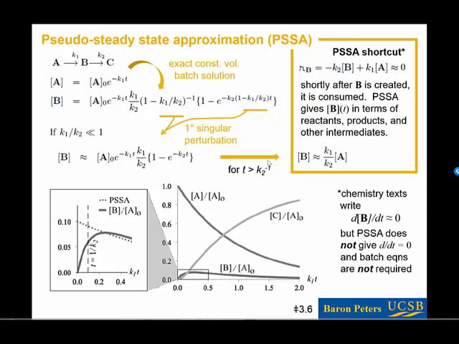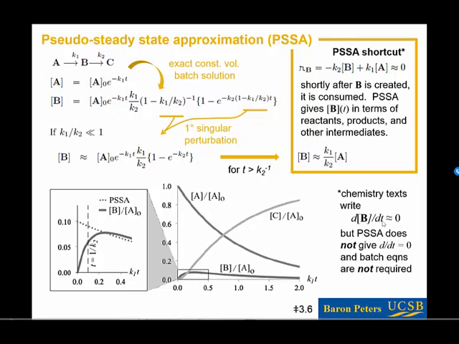All right, so one last little note on this is that chemistry texts often write derivatives with respect to time of the concentrations of the species. In principle, this works in exactly the same way, and certainly we can apply this in situations where we are talking about concentrations changing as a function of time.